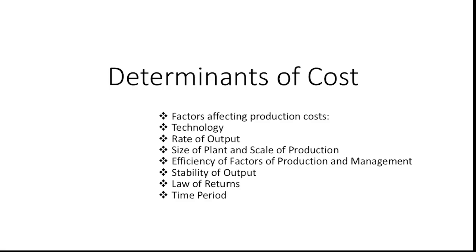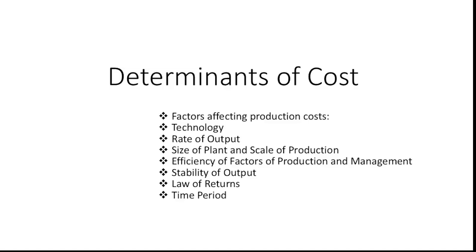Now, the rate of output. Complete and effective utilization of all kinds of plants and equipment reduces the production cost. Here we have land, material, raw material, machinery, and labor.